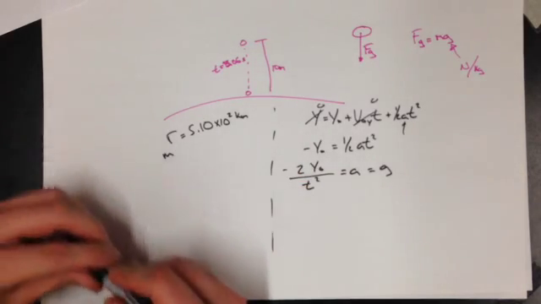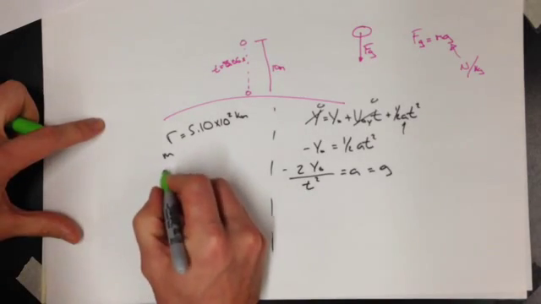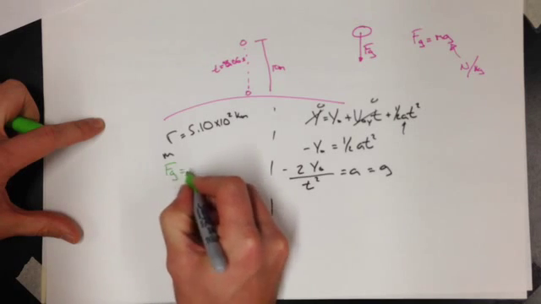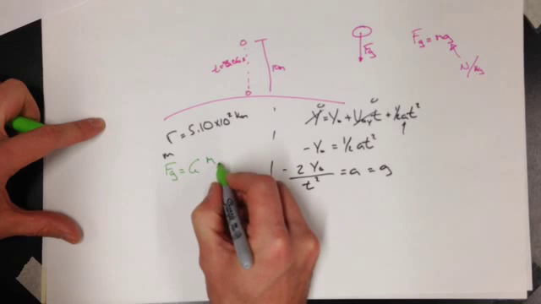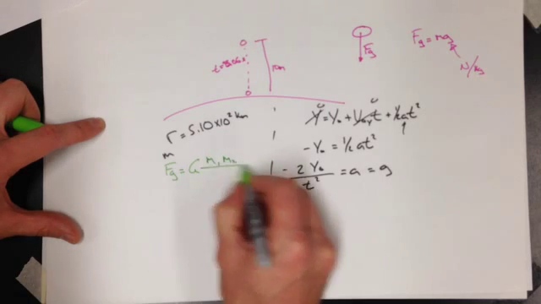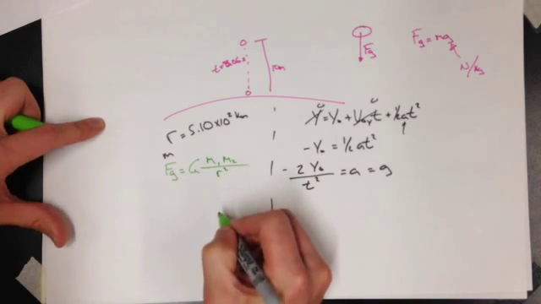So let's now look at this. Fg is equal to big G m1 m2 over r squared.